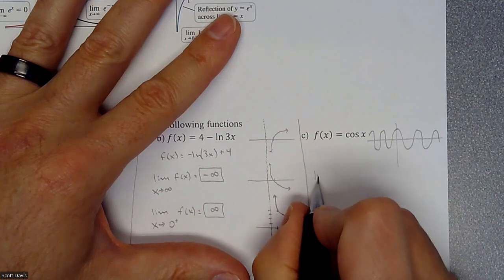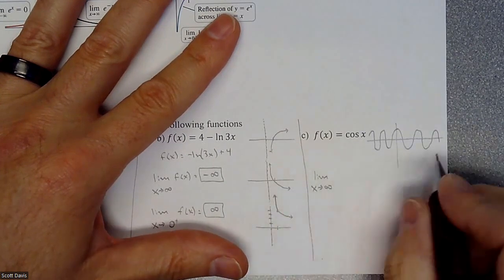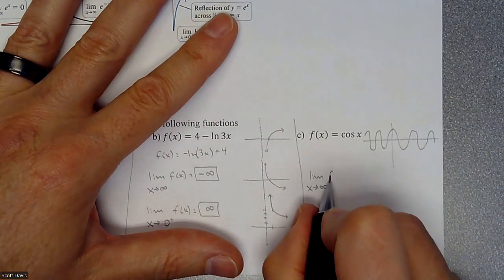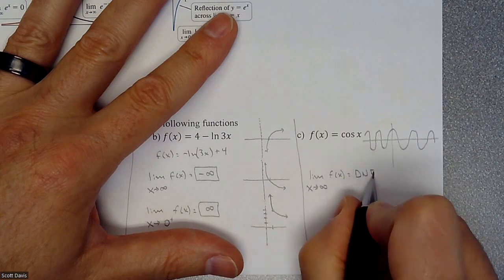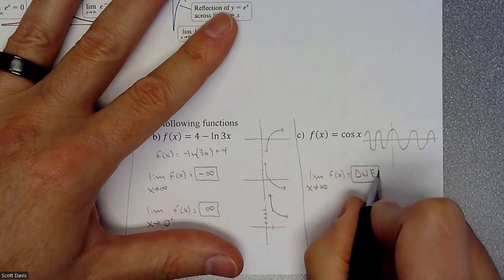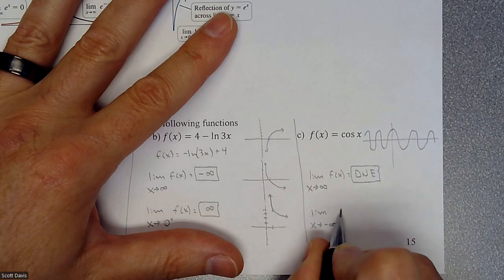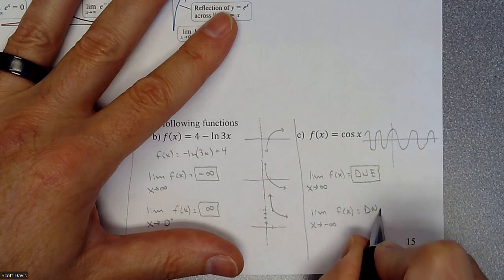So what would our limit be as x approaches infinity? Well, it's not approaching a value, it's oscillating. So for this function, it would not exist. And then if we're going to the left, no different. It's not approaching a specific value because, again, it's oscillating. So it also does not exist.